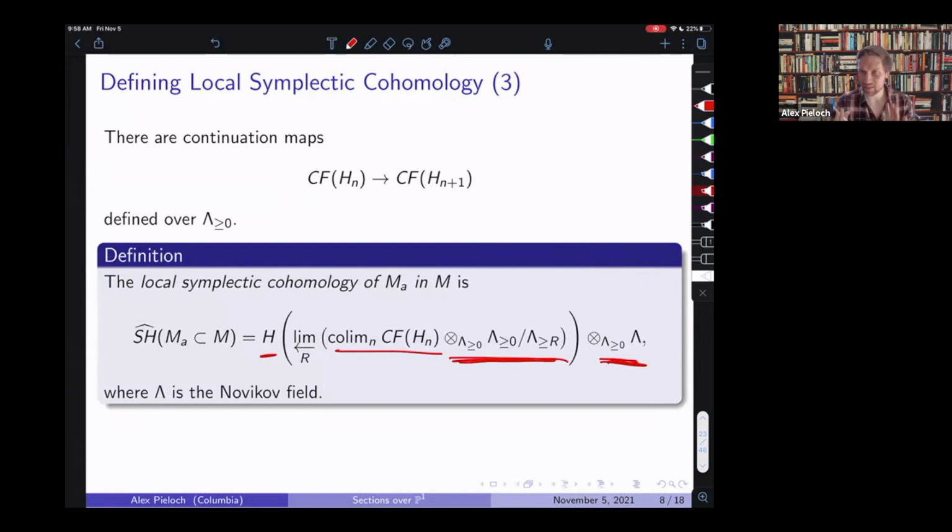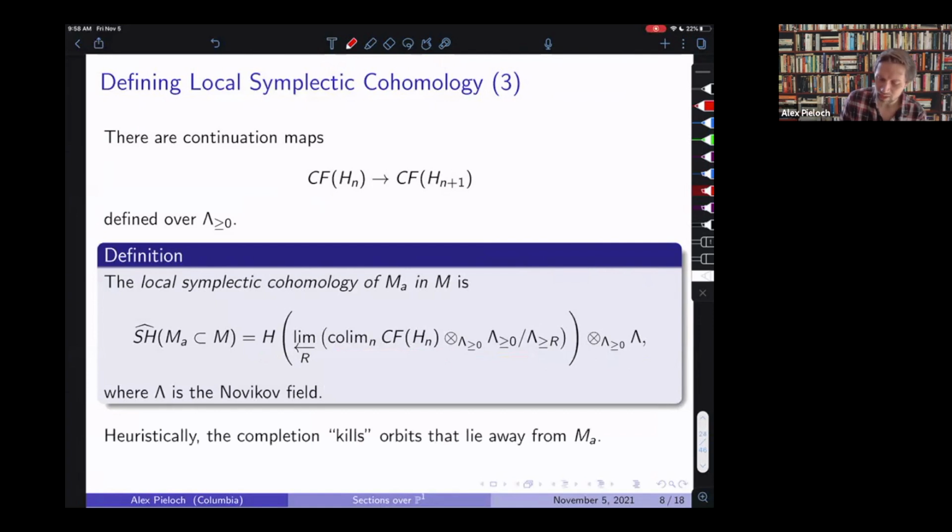I don't want to get into too much about what this is actually saying or doing algebraically, and I just want to focus on the heuristics and the properties that this complex has in our setting. So heuristically, this complicated algebraic limit is just a way of killing the periodic orbits of our Hamiltonians that lie away from our compact subset M sub A. So this is the sense in which this is really a local symplectic cohomology theory.